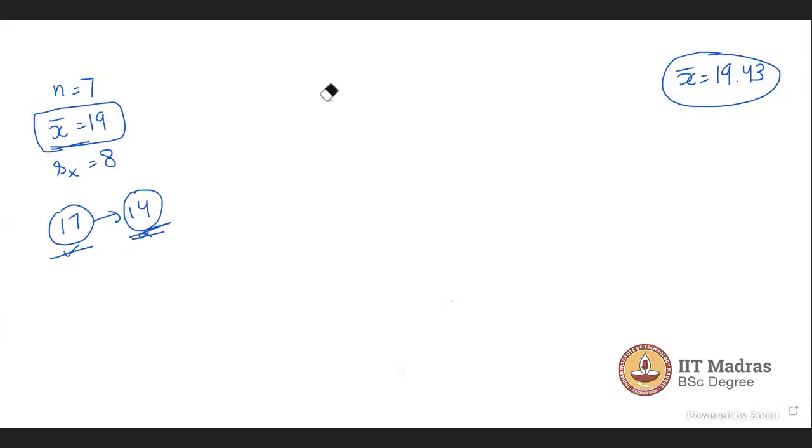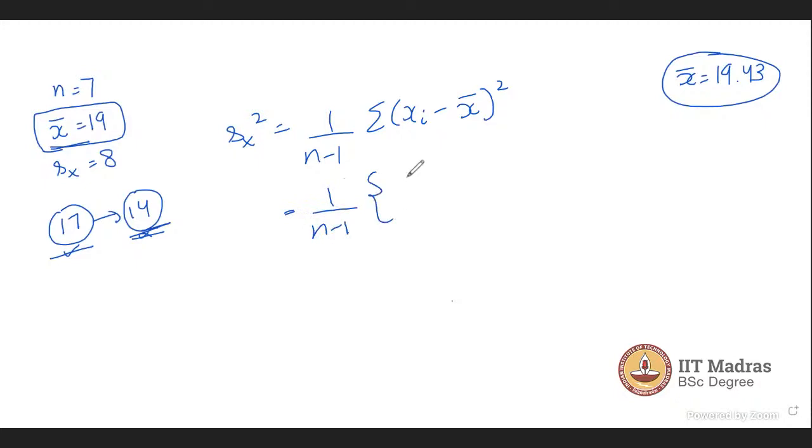Let's quickly open the equation first. Sample variance is summation of (xi minus x bar) whole square.